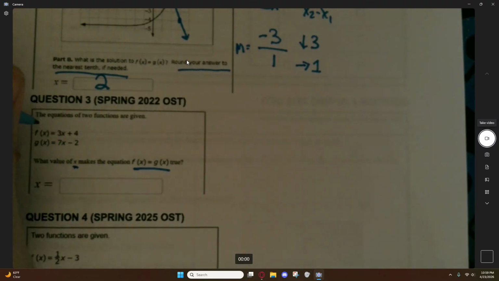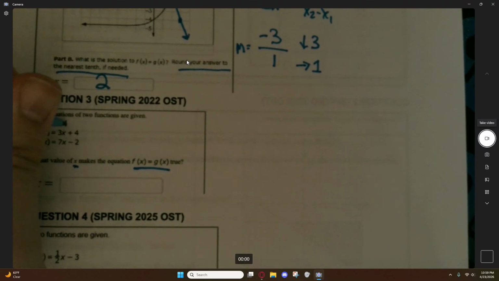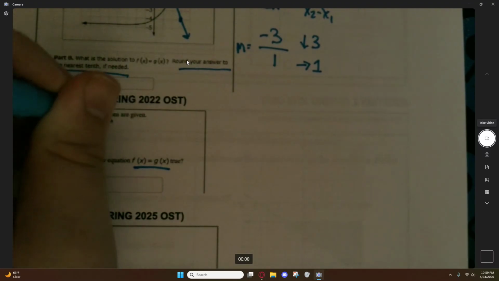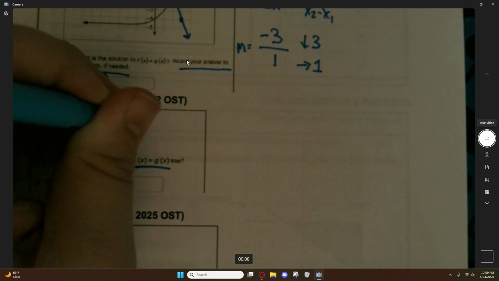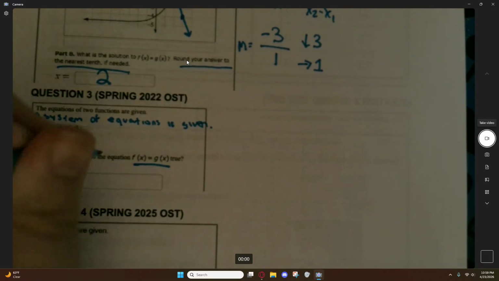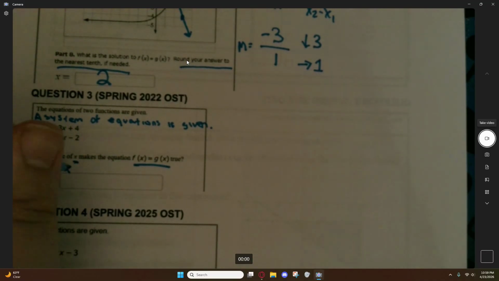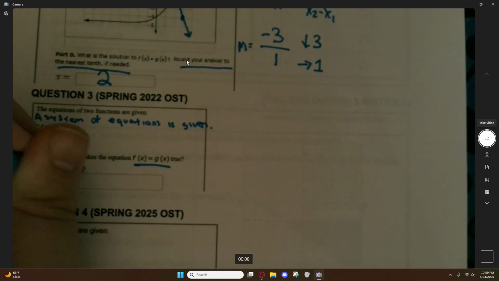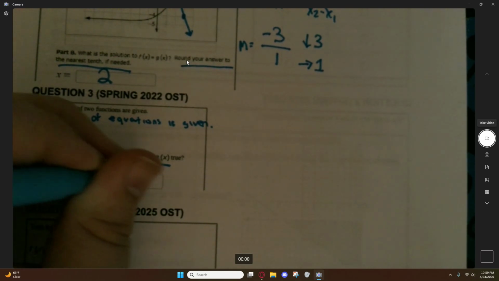This question is, a system of equations is given, and what value of x is a solution.